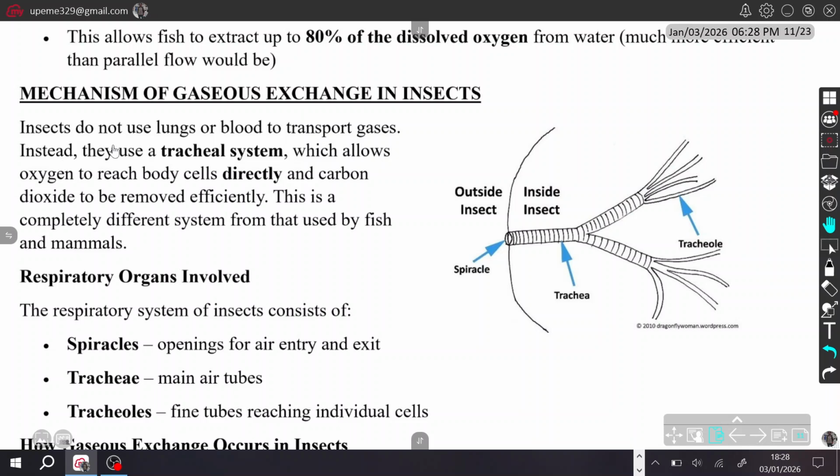So we are saying insects do not use lungs or blood to transport gases. Instead, they use a tracheal system which allows oxygen to reach body cells directly and carbon dioxide to be removed efficiently. This is a completely different system from that used by fish and mammals.